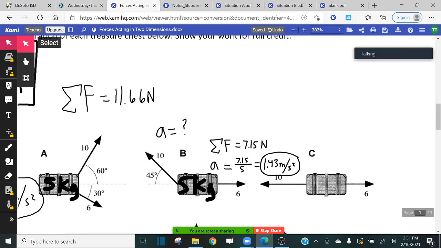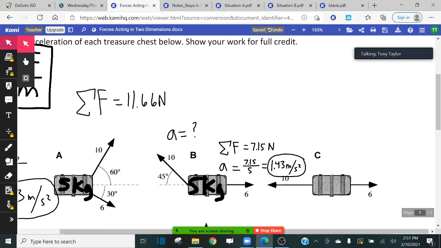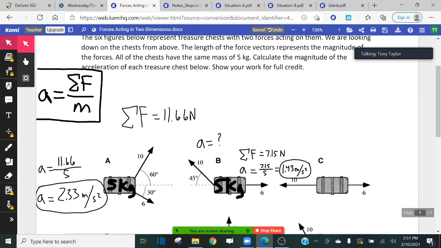Okay. So guys, I just did the first two with you. So here's the answer to A: 2.33 meters per second squared. The answer to B is 1.43 meters per second squared. Any questions on A or B? And again, guys, this video will be on YouTube, so y'all can go back and look over it.